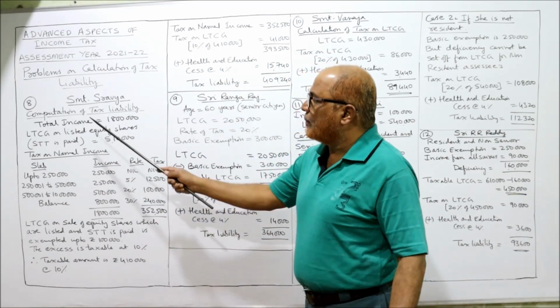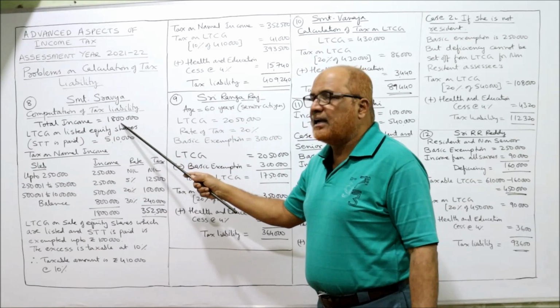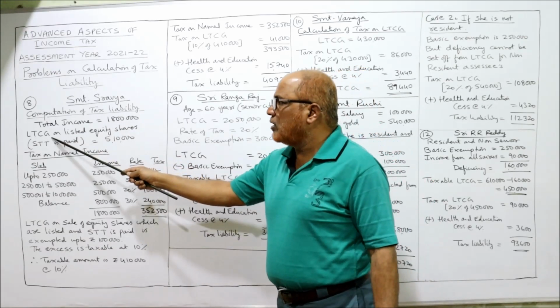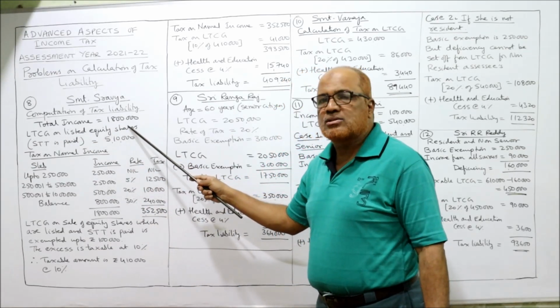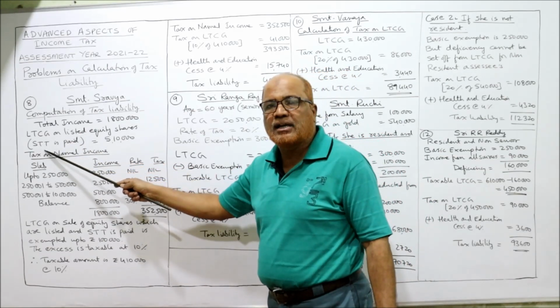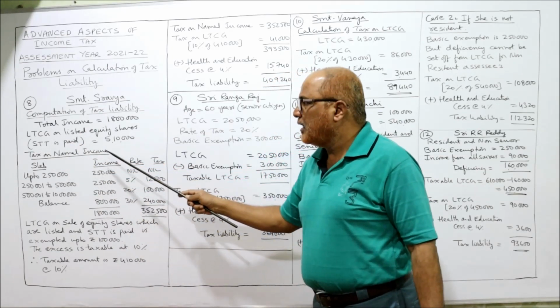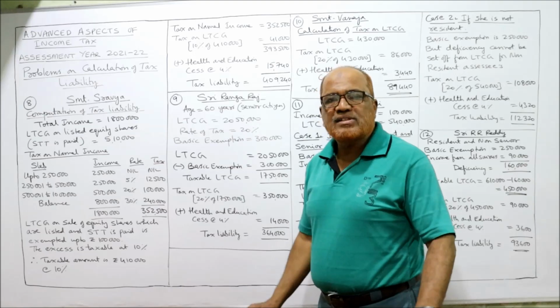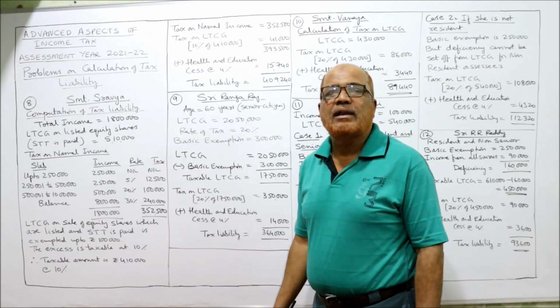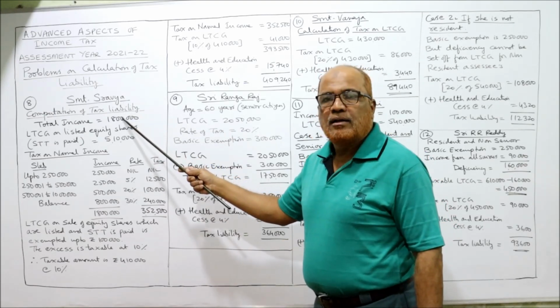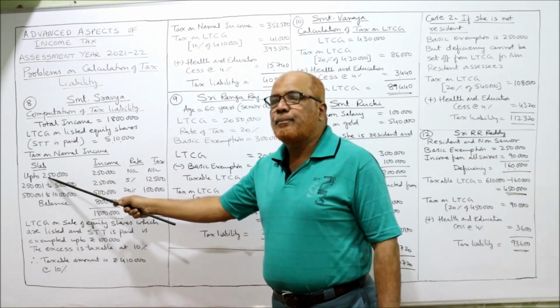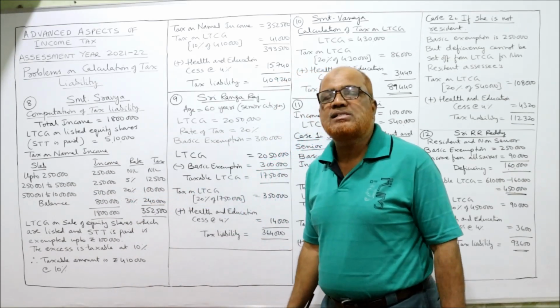Now, computation of tax liability: total income 18 lakh is the normal income, and long-term capital gain on listed equity shares where STT is paid is 5,10,000. First we compute the tax on normal income of 18 lakh. First slab is up to 2,50,000 for a non-senior citizen.